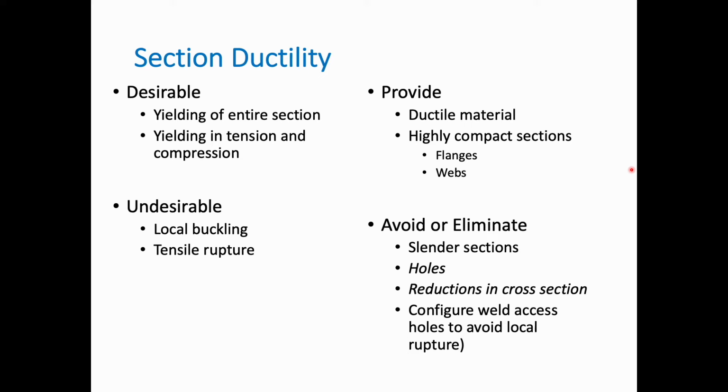I've put these two in italics because there are cases where we can use holes and other reductions in the cross-section to help us with seismic resistant design, and we'll see a couple of things later on, as well as how to configure the weld access holes to avoid local rupture. So again, these are things that we need to avoid or eliminate.